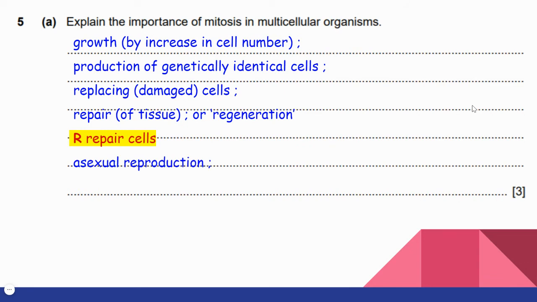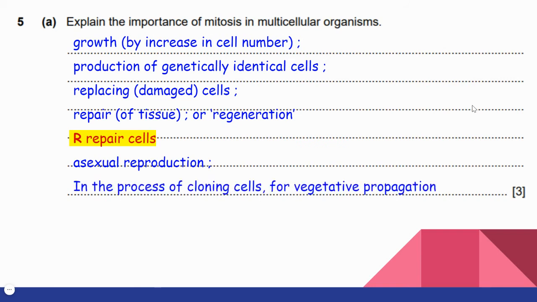Yes, in the case of some multicellular and some unicellular organisms, they reproduce asexually. That is reproduction without any gametes, by mitosis. Cloning, when certain cells in your body want to form exact copies. Mostly this is found in your immune system, where some of your lymphocytes or white blood cells have to make exact copies of themselves.